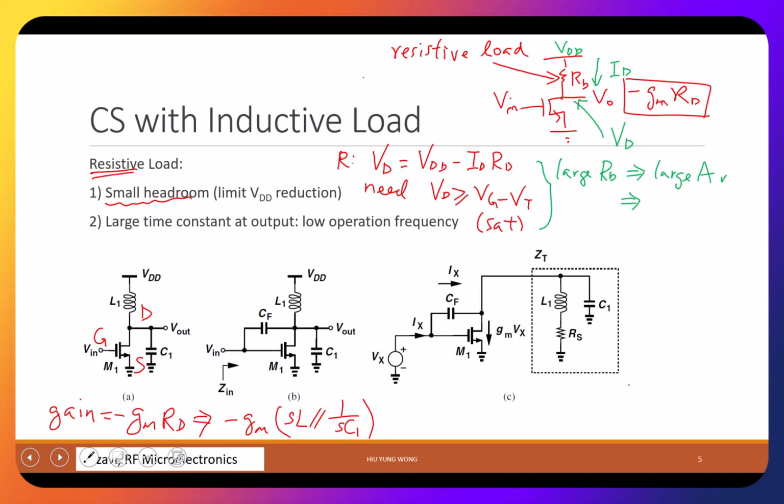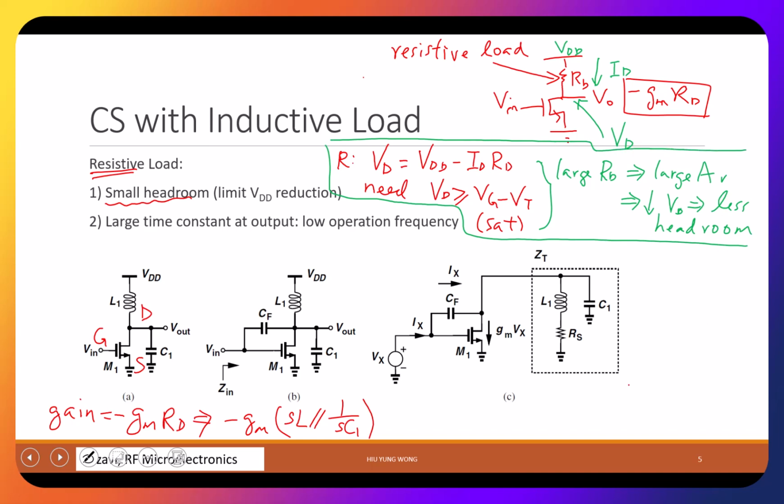You have a small VD, so you have smaller headroom. You cannot swing your signal too much because you make it so small, it's closer to the linear region, even if it's still in saturation, right? So VD is reduced, so less headroom. This is for the DC part. Is this okay? Any questions?